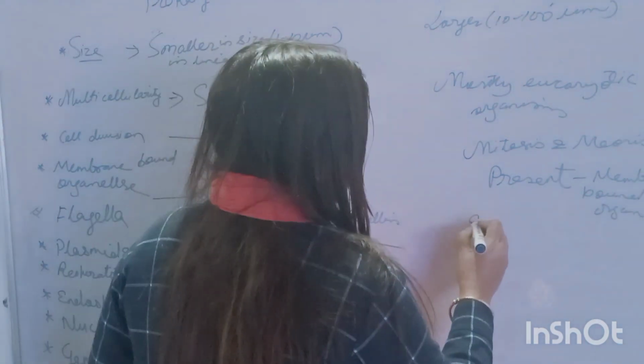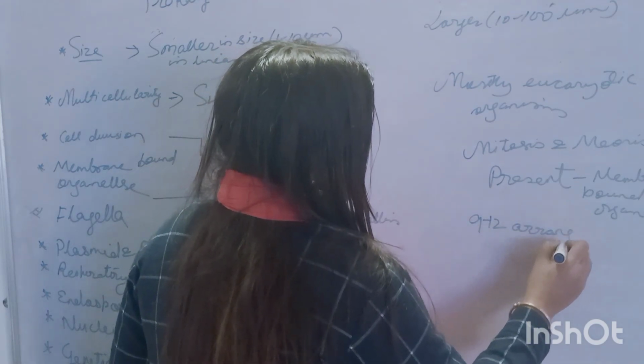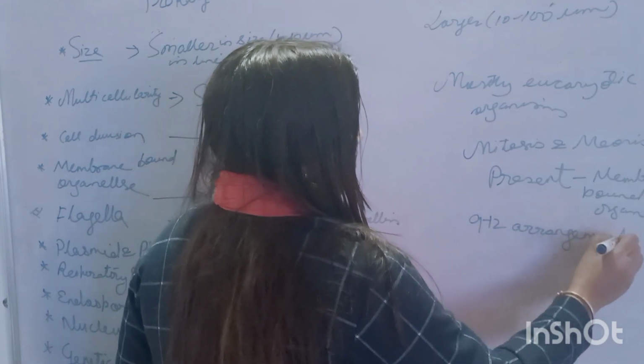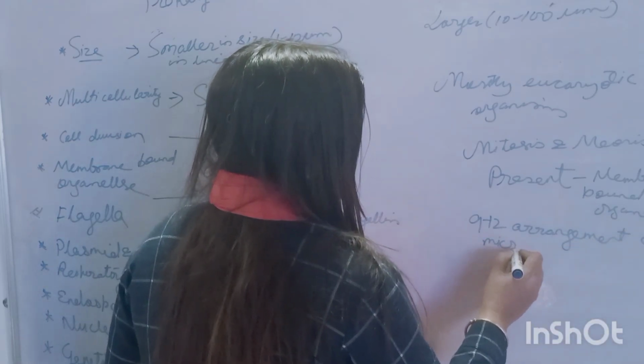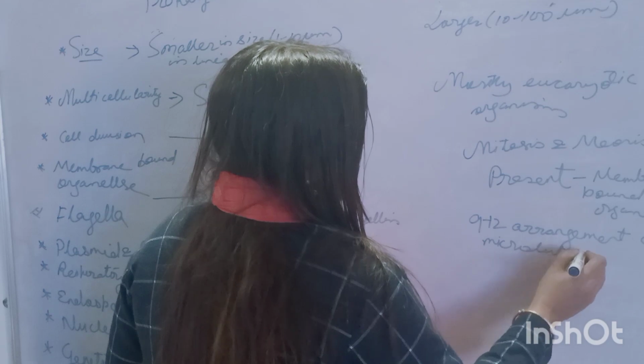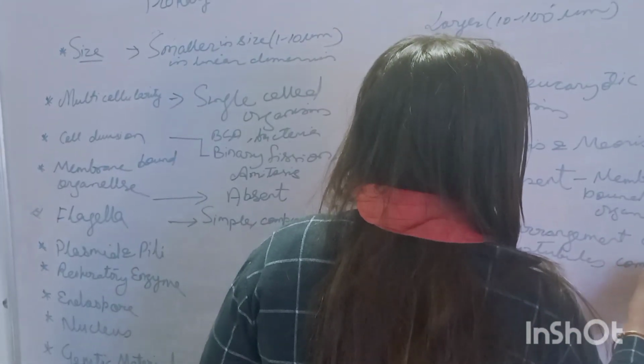And in case of eukaryotic cell, it has a 9 plus 2 arrangement of microtubules, composed of tubulin.